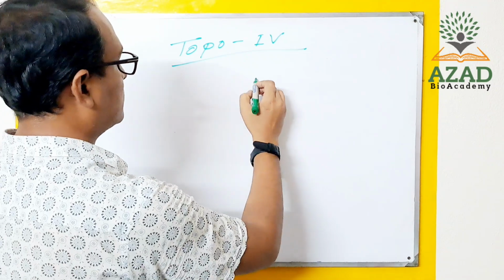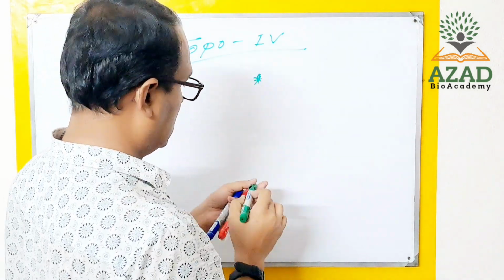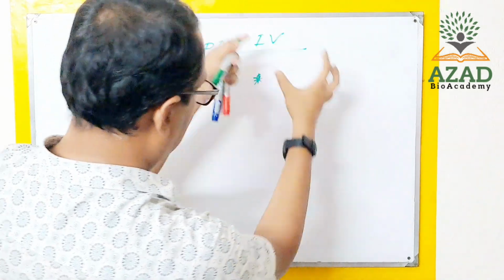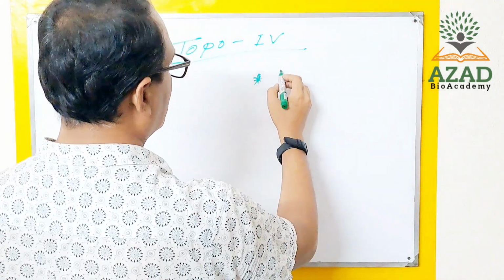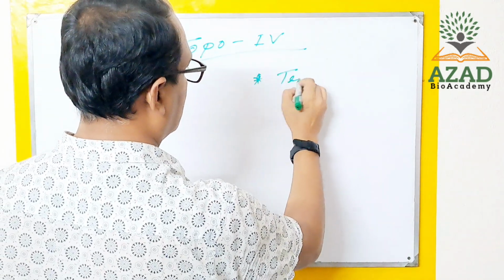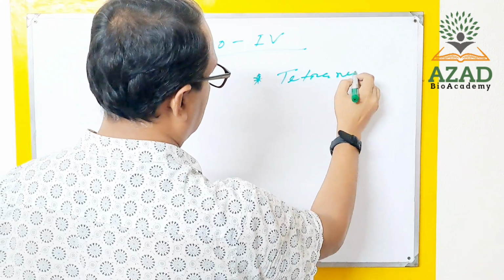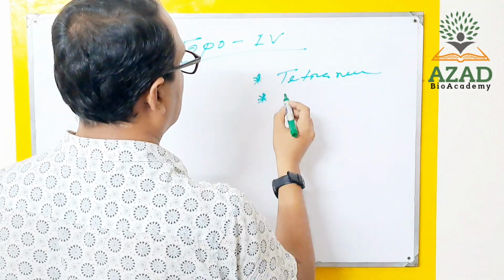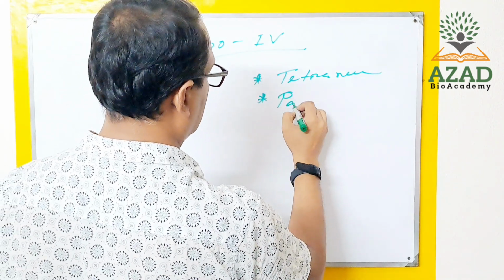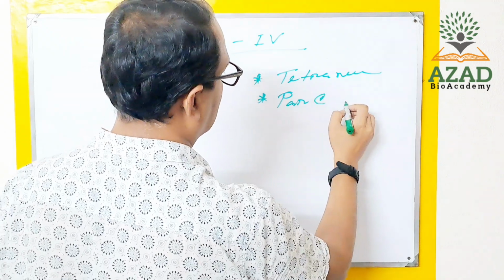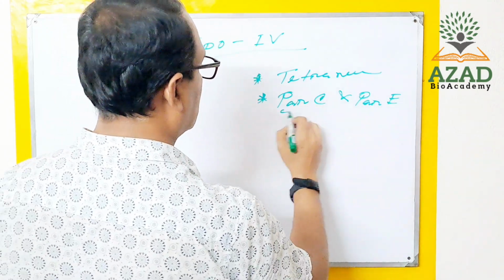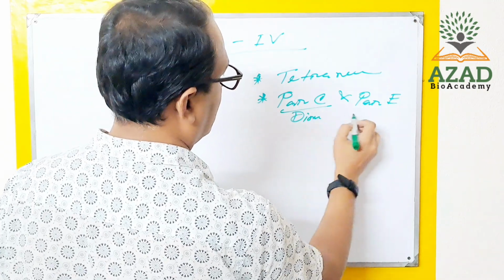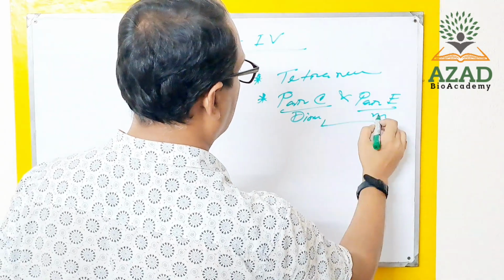So now, if I try to explain its features, its function or characteristics, then it is also tetrameric. It has two subunits, one is ParC and ParE. Both are dimeric. So finally tetrameric.